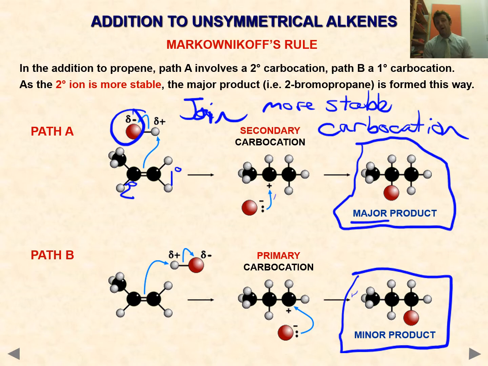It happens more frequently than the other ones. So in this situation, this would be a secondary carbon, and this would be a primary carbon. And it's going to join the secondary carbocation more often than not. So the bromine on the secondary carbocation is going to become the major product, and the minor product is going to be the one right down here.